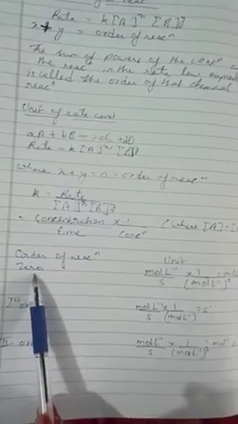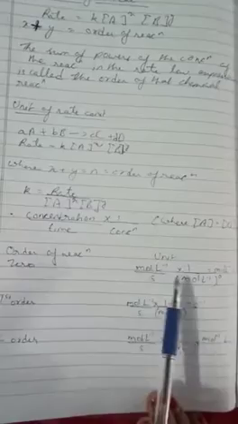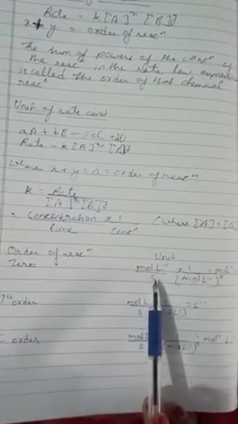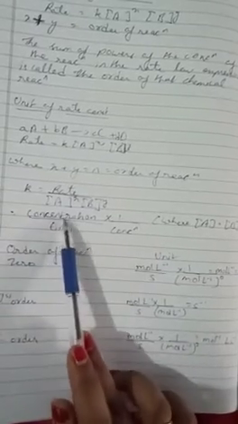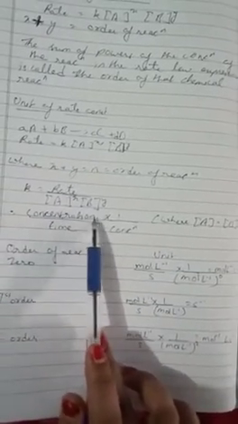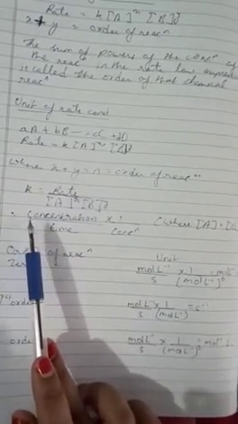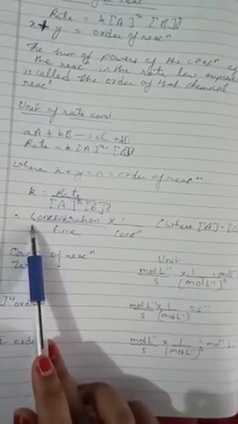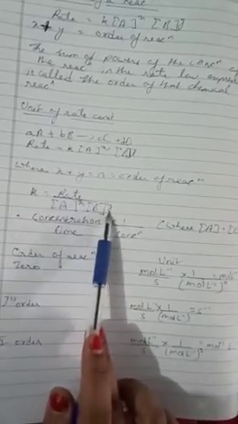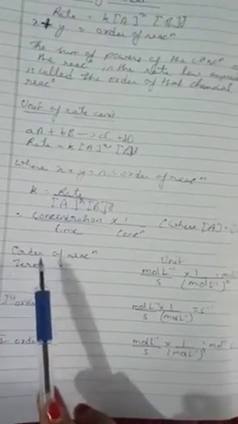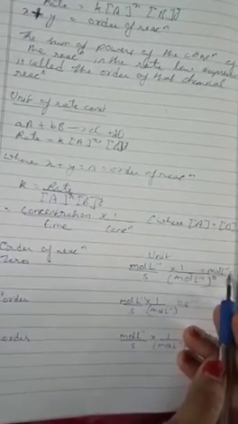First is the zero order reaction. The unit for a zero order reaction can be represented as moles per liter upon the time taken, that is, concentration upon time. This is the formula by which you calculate the unit of the rate constant. For zero order reaction, where the sum of the powers is zero, the unit will be mole liter inverse second inverse.